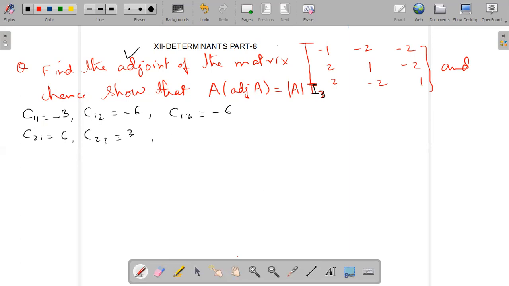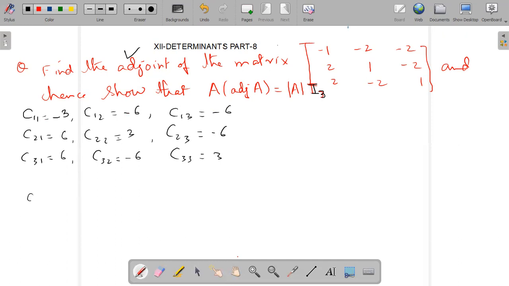C22 you can check later on and verify the answers. C23 will be equal to -6, C31 is 6, C32 is -6, and C33 will be 3.